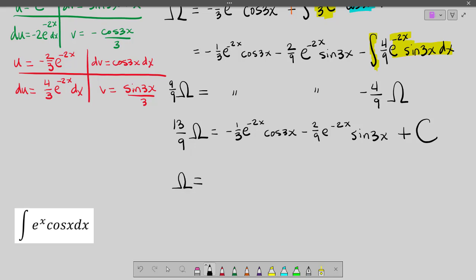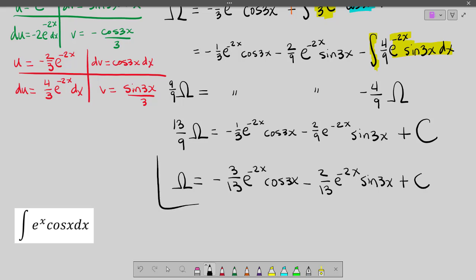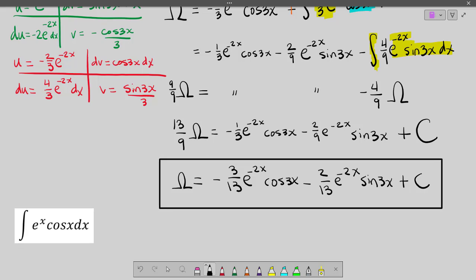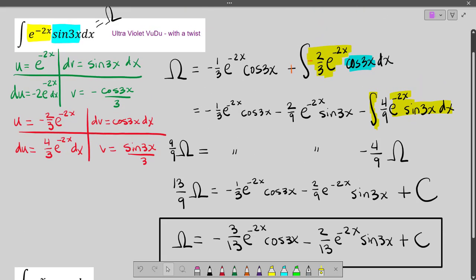So we're going to multiply both sides by 9/13. 9/13 being multiplied across. And this will be our final answer. So that is integration by parts with a twist.